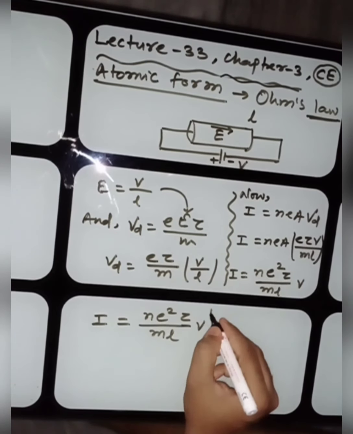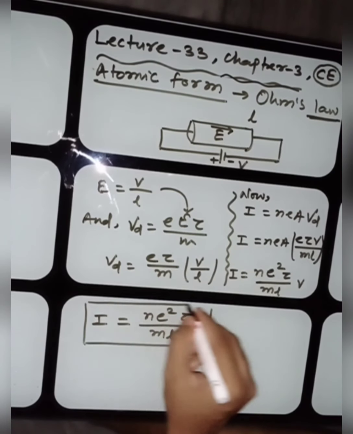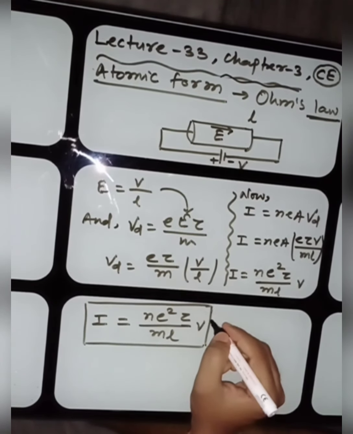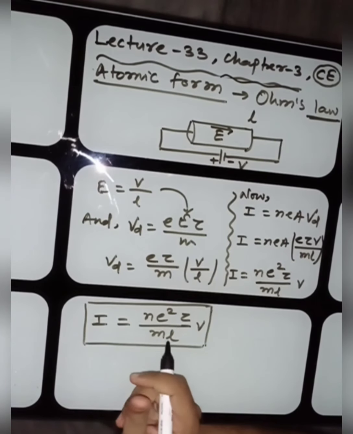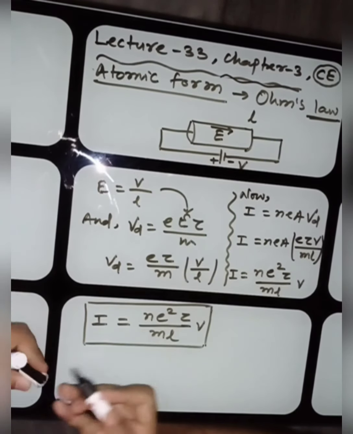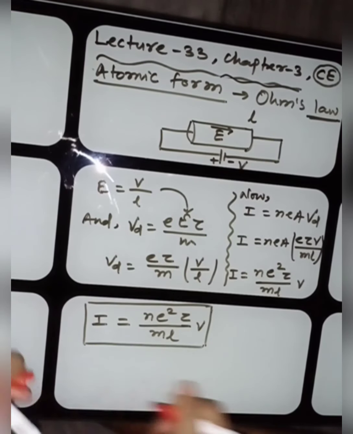Okay, my dear student, this is a very important relation, and this is the atomic form, but you cannot see Ohm's law directly over here, so I'm just showing you Ohm's law in this equation.